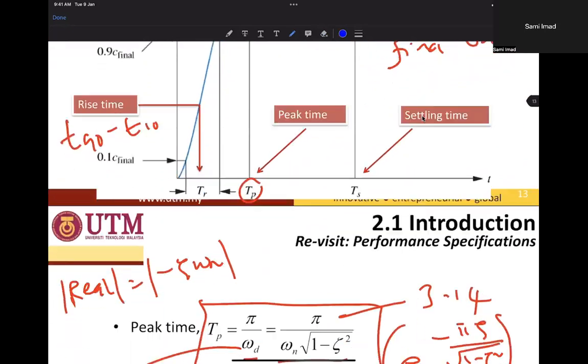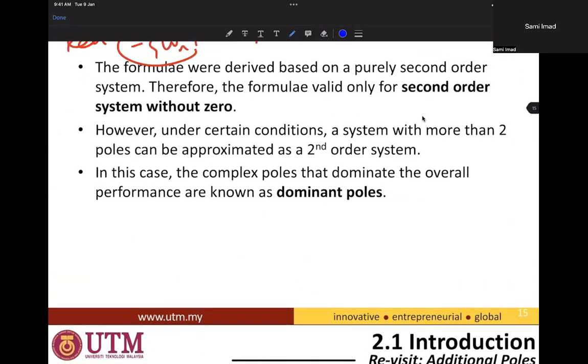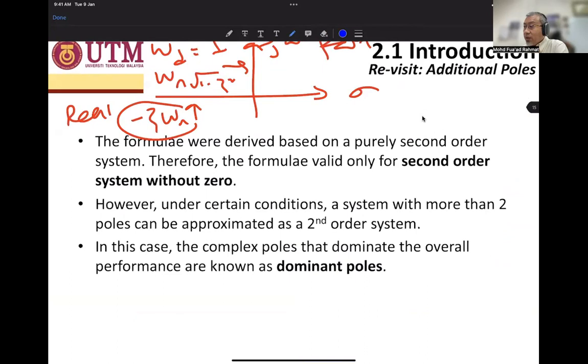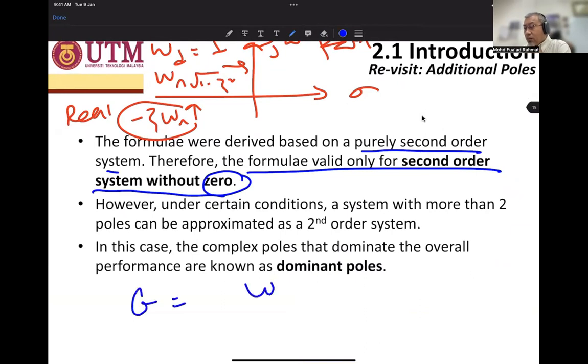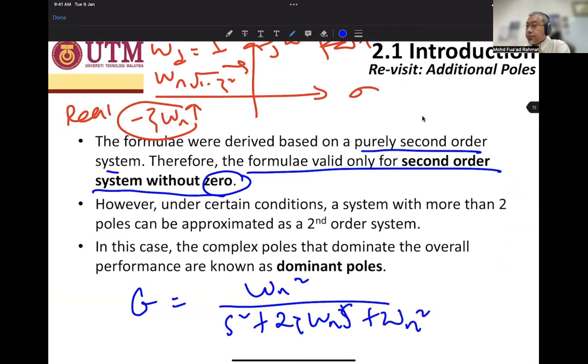Yes, doctor. Thank you. Okay. So the formula was derived based on a purely second order system. Therefore, the formula is valid only for second order systems without zero. Without zero means that it is G equals K omega n squared over S squared plus 2 zeta omega n S plus omega n squared.